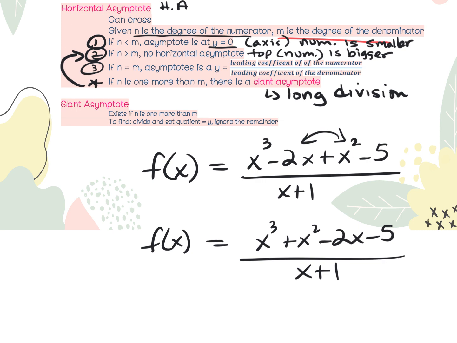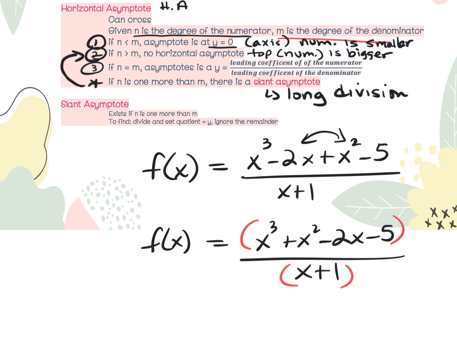x plus 1. Now, tomorrow when we start graphing these and we enter them into our calculator, you're going to either need to learn how to enter something in as a fraction, or what you're going to need to do is surround the numerator with parentheses and the denominator, and then use the division. But I'm going to show you how to enter it as a fraction.